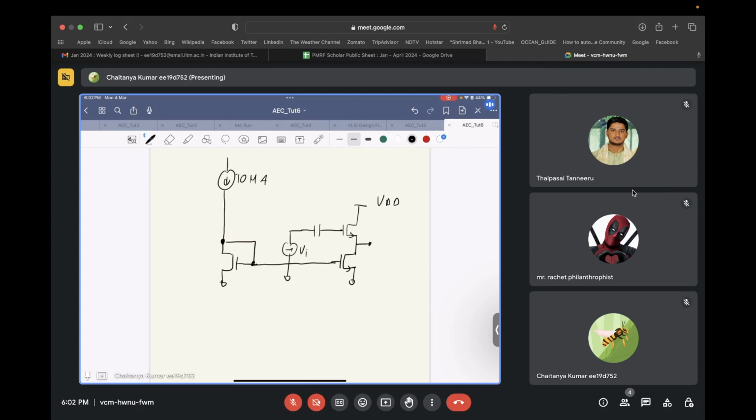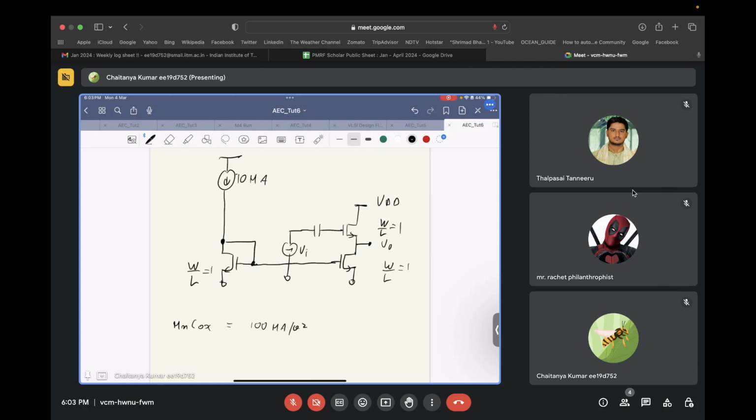Let's say we have this circuit. First of all, let me define some parameters. Let's say all the transistors have W by L equal to 1, and mu n Cox equal to 100 microampere per volt square.